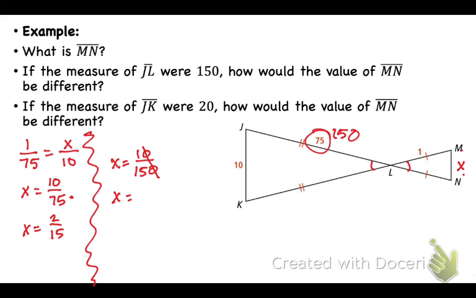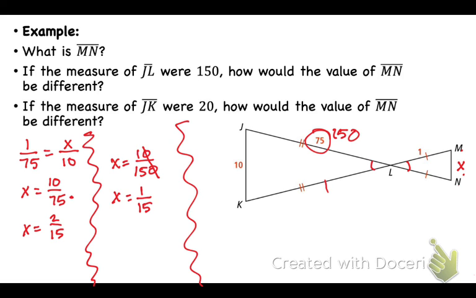Because the zeros would just reduce. So 1/15. So what happened now? What happened? I went from 2/15 to 1/15. How did those two compare? This is double. What? So it's double. The 75. 150 is double.